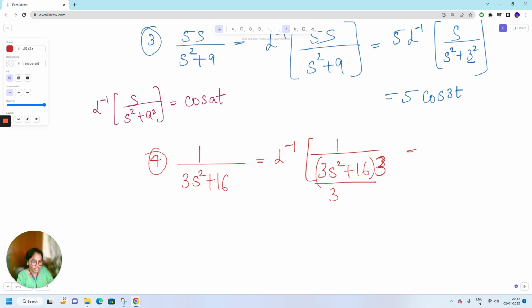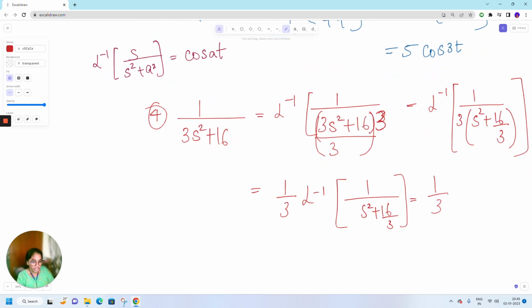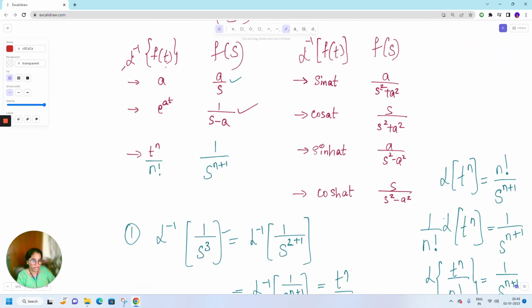So I would get Laplace inverse of 1 divided by 3 into, I can divide each term with 3, I'll get s square plus 16 divided by 3. So this is equal to, I'll take out 1 by 3, Laplace inverse of 1 divided by s square plus 16 divided by 3. Observe in the formula, if you have s square, you should also have a square for every formula.